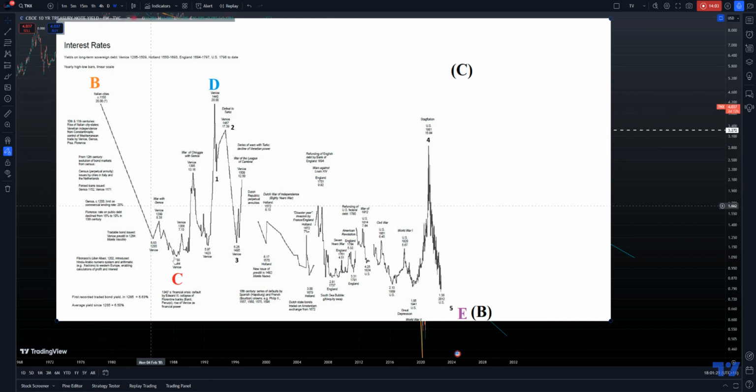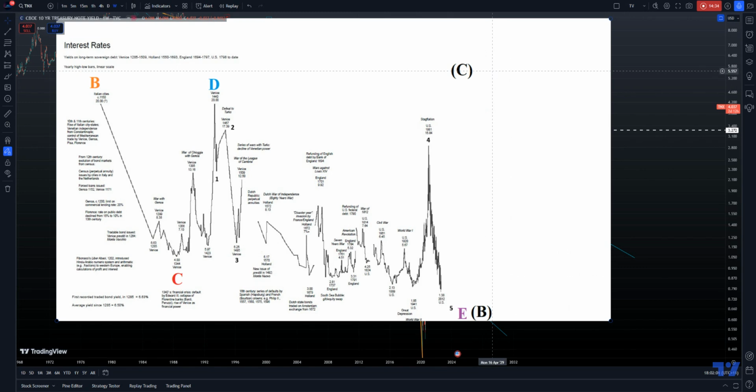So if this is a wave C and this is a wave D, this entire move since 1440 right down to basically 2020, because this is an incomplete chart, was a wave E, right? Now, in AriasWave terminology and way of thinking, whenever a wave E completes of a wave B, you get a wave C bounce.